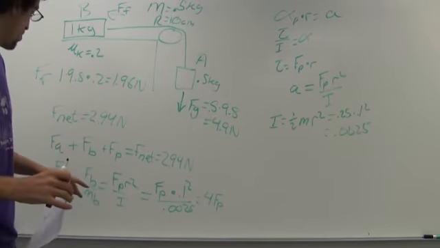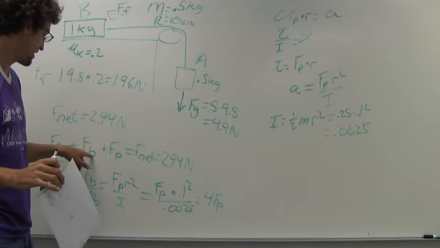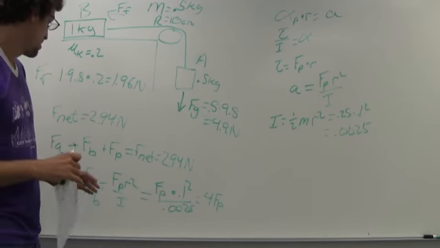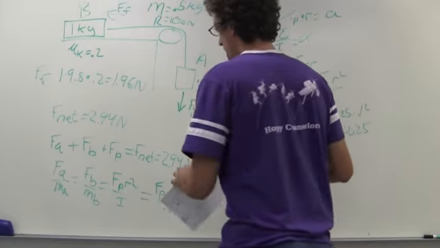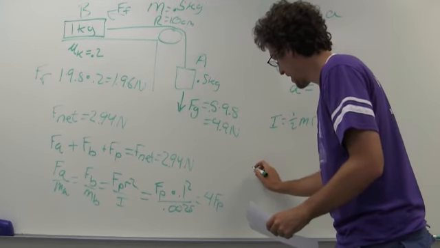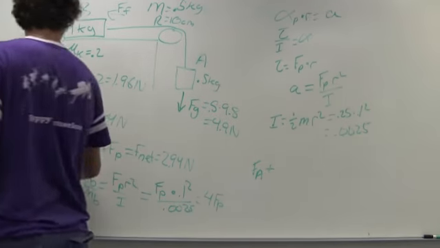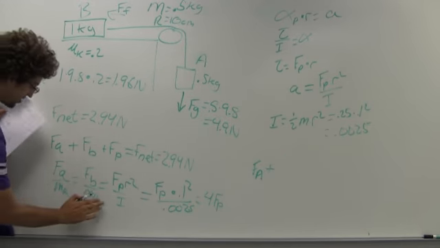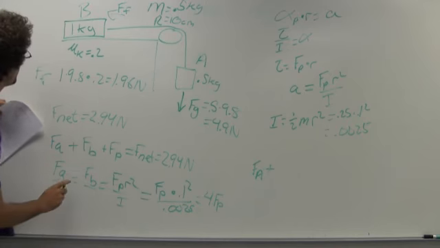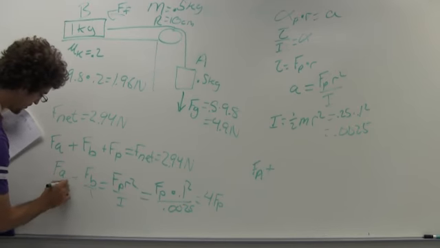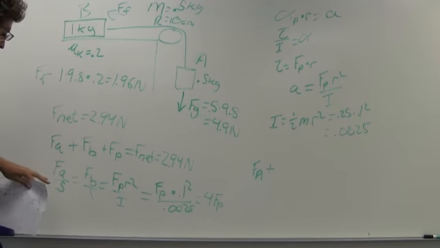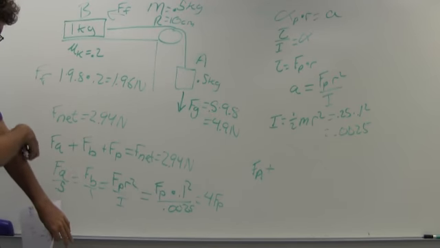Now, with that, we can plug stuff back into here. We get FA plus, we can substitute an FB here. I'm going to take a second here and erase the mass of each one. This is going to be 1, this is going to be 0.5, which means this is 2.